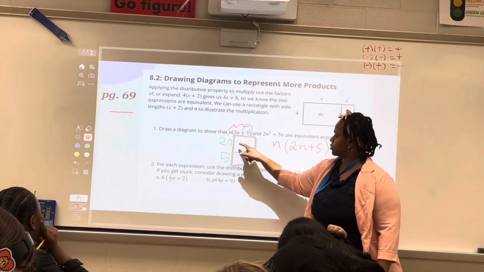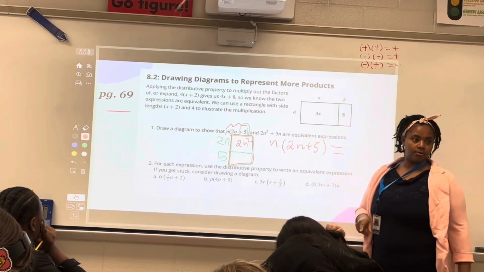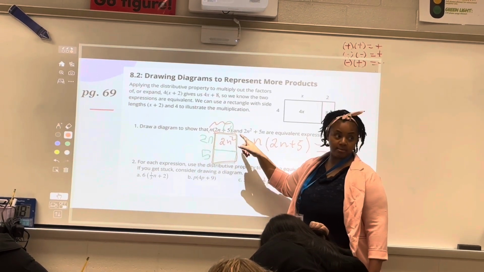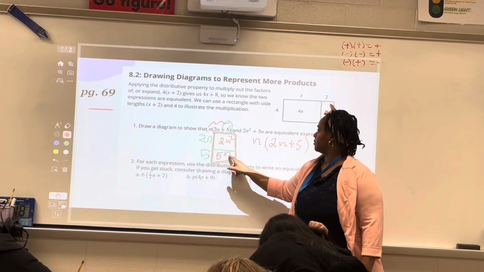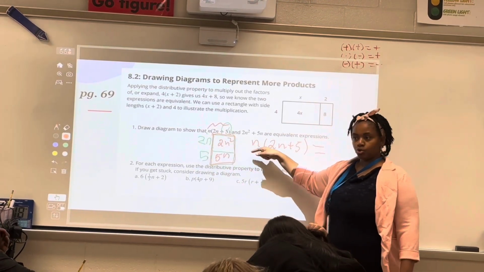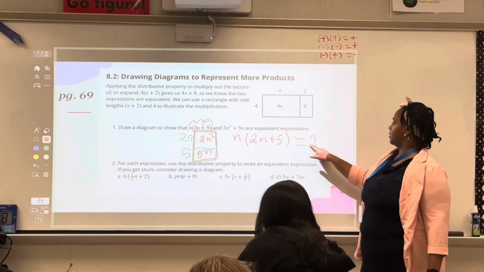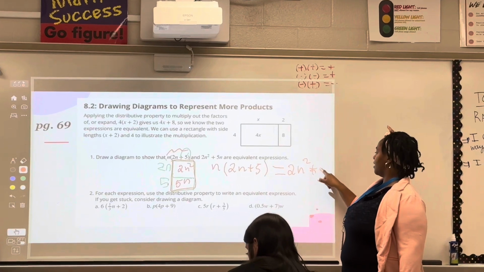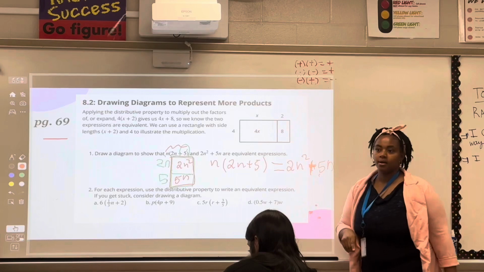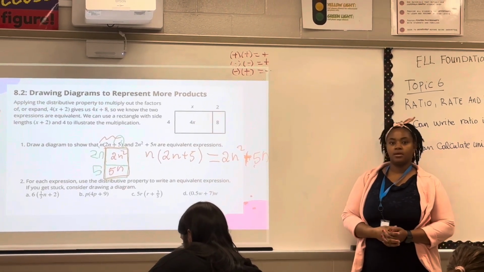The area of this small square here, which is 2n squared, okay? And the area of this one, which is 5 times n, 5n. Now, since we are looking for the area of the two small rectangles, that's gonna be what? 2n squared plus 5n. Okay? Any question?